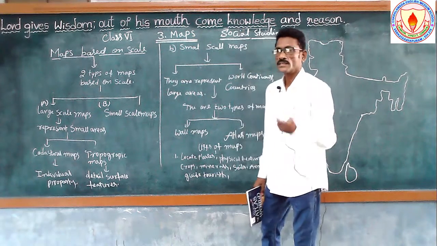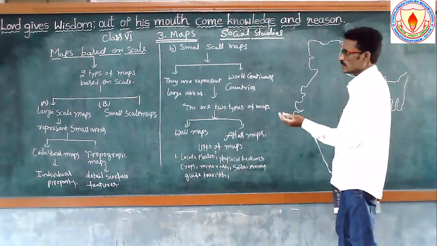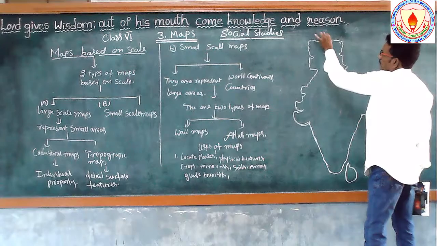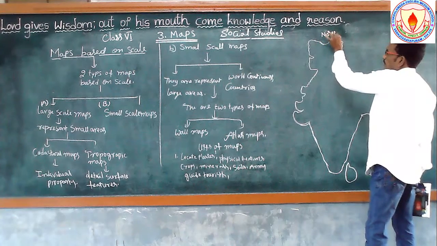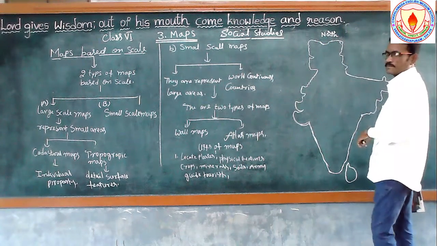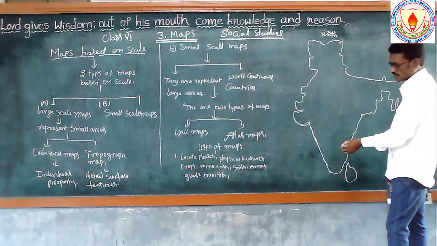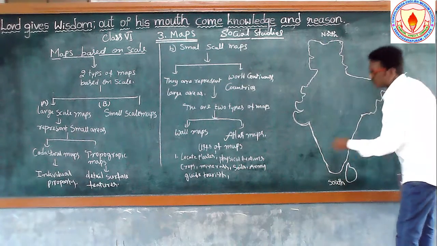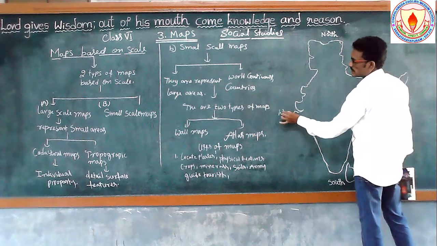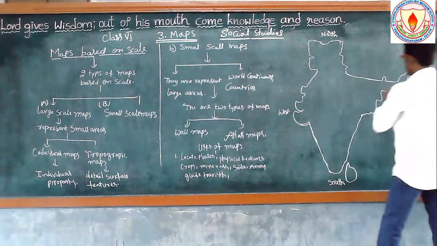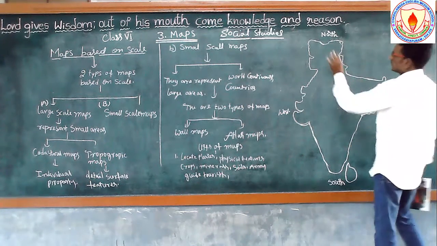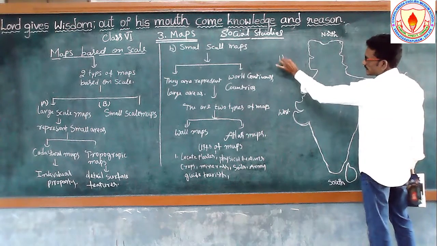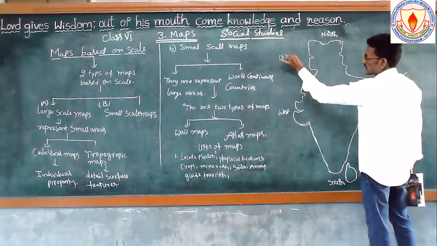So here we are going to apply directions on the map. This is north, on the top of the map. North's opposite is south, and this is west, and this is east. Between north and west, this area is northwest.